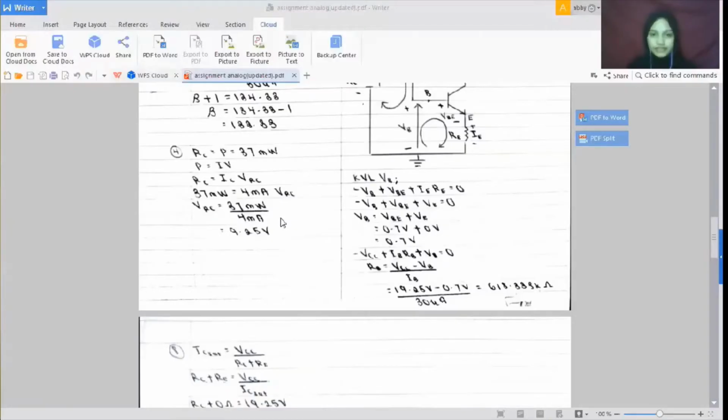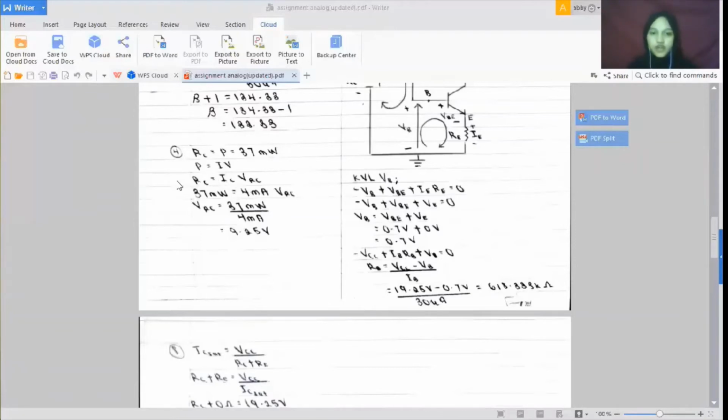We will be presenting question 1 on how we find the voltage and resistor values. Firstly, we will search for the voltage of RC, VRC. We know that the power for RC is equal to 37 millivolts, and the formula to find the power is P equal to IV.